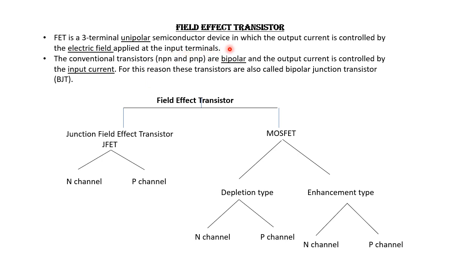It is called a unipolar semiconductor device because in the case of FET, the current is carried either by the electrons in case of n-channel FET, or singularly by the holes in the case of p-channel FET.